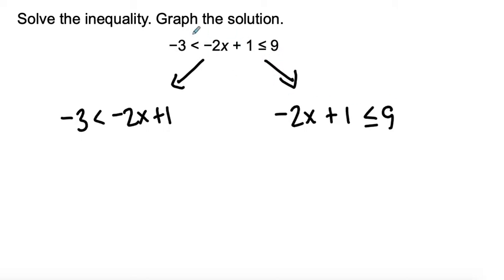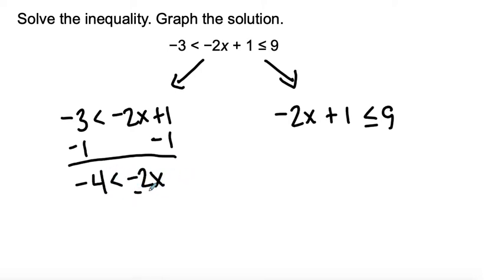So now we've taken that single compound inequality, we've split it up into two simple inequalities, and now we're going to solve. So we will subtract 1 from both sides. So we'll get negative 4 is less than negative 2x. We'll divide both sides by negative 2, and as you recall from prior lessons, anytime we divide or multiply both sides by a negative, that is going to flip our sign around.